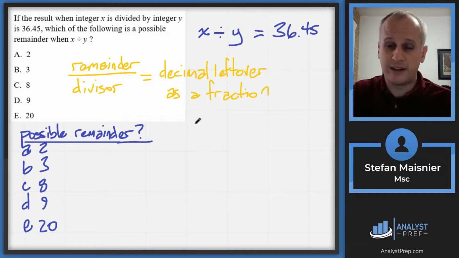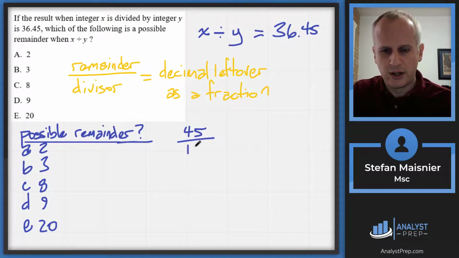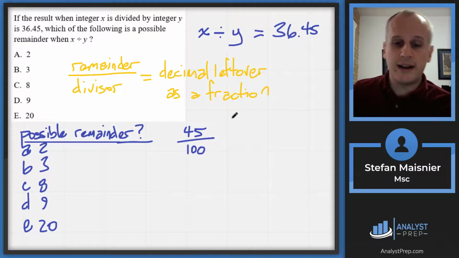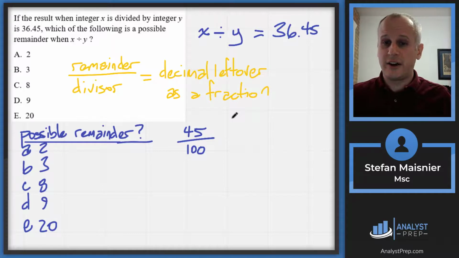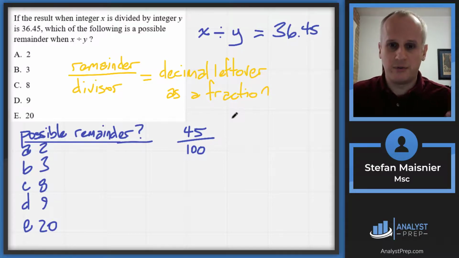And we know that that's 45 100ths, so we can write it as 45 over 100. So now we've got to simplify this fraction in order to figure out what the remainder could possibly be. Because we know that when we get the fraction down to its least form, we can only multiply up and keep integers, because we're told that x and y are each integers.